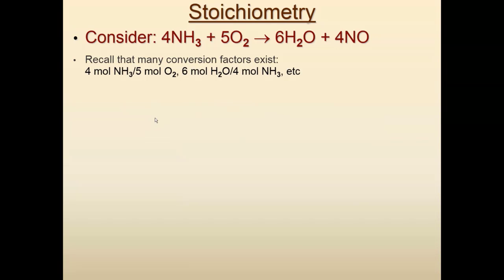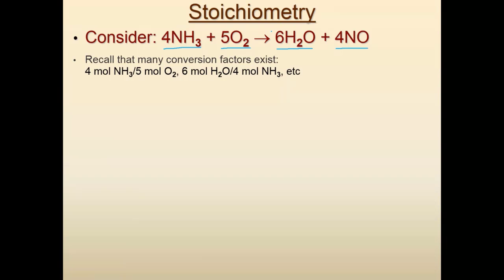Now, one of the things to keep in mind here is that the ratios given in this balanced equation are a molecule to molecule ratio, not a gram to gram ratio.